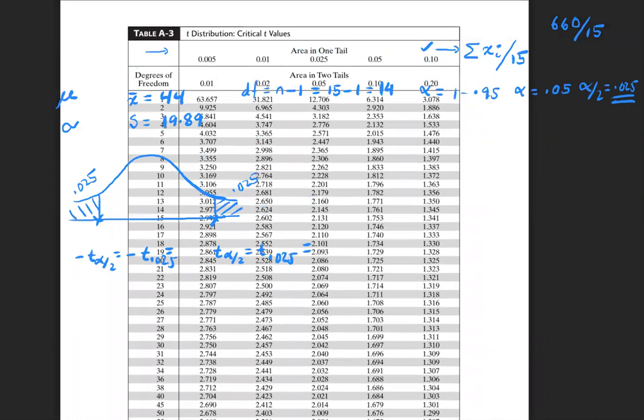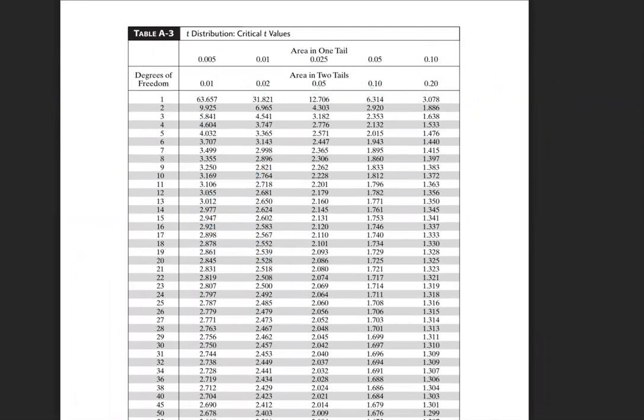T-distribution table, right? Let me just clean it up for the second. Now we are going to be exactly in the same column as before, right? Because area in one tail is 0.025 and area in two tails is 0.05. Good.